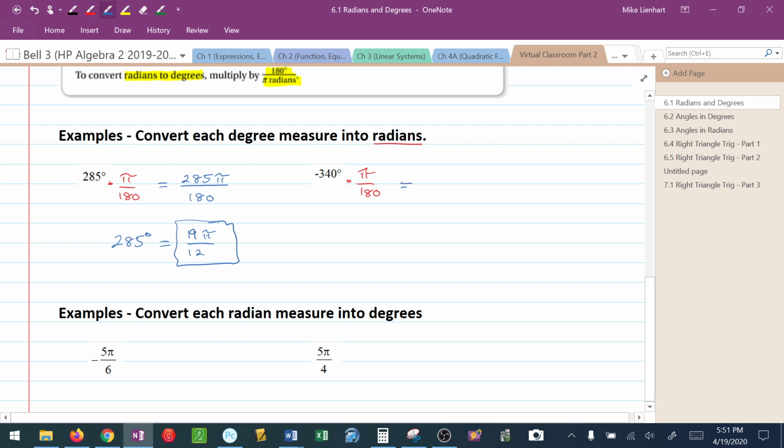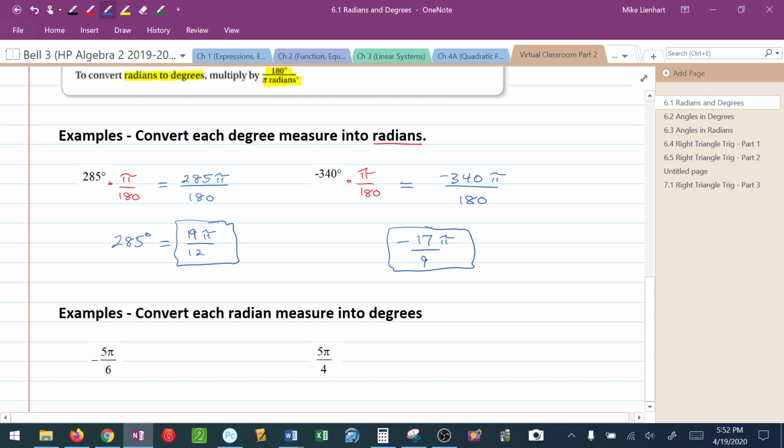And that would leave me with negative 340 pi over 180. And if I simplify negative 340 divided by 180, and I convert that into a fraction, I get negative 17 pi over 9 radians.